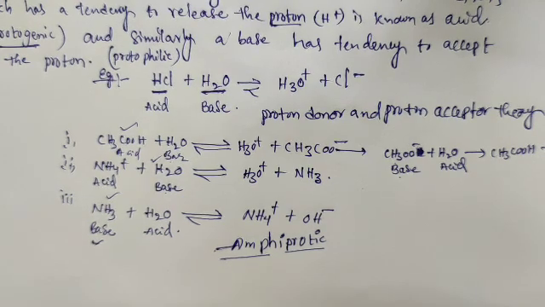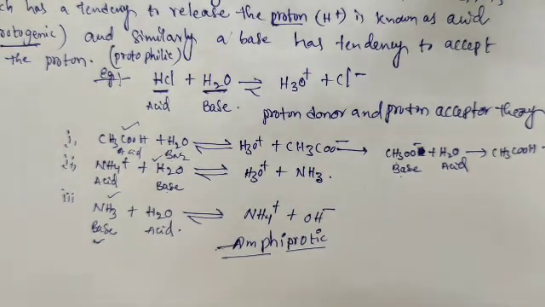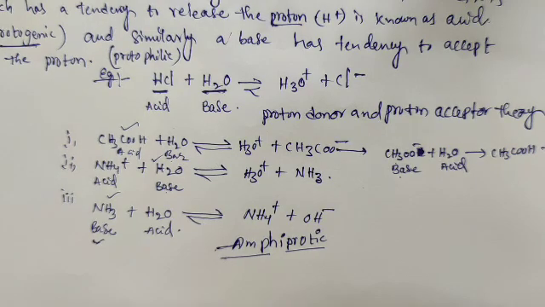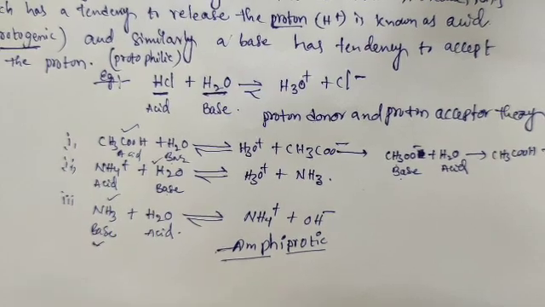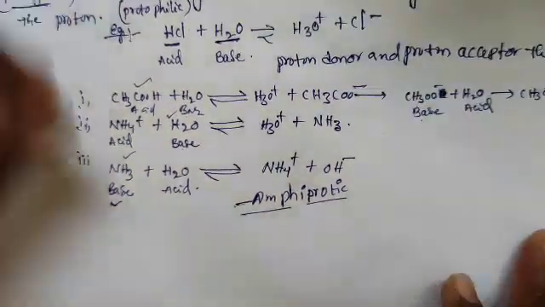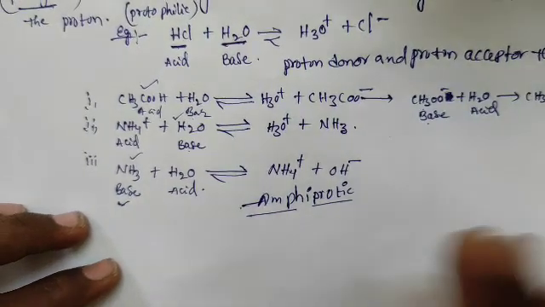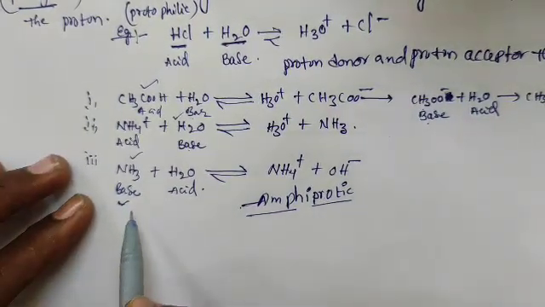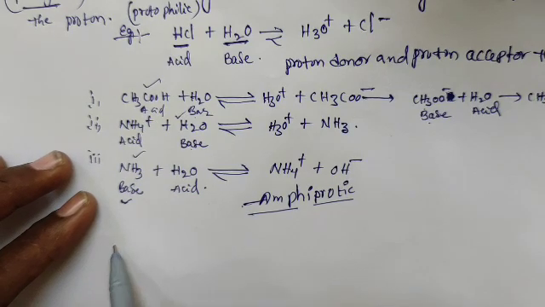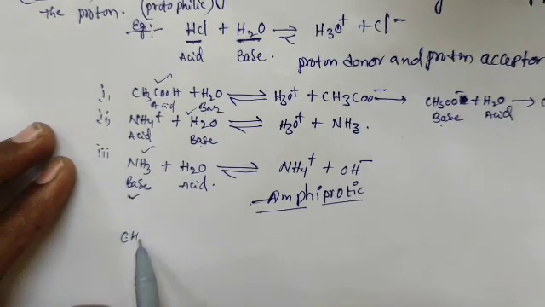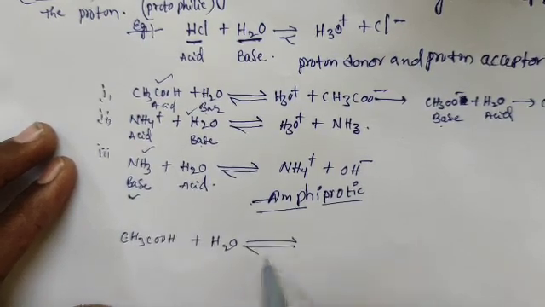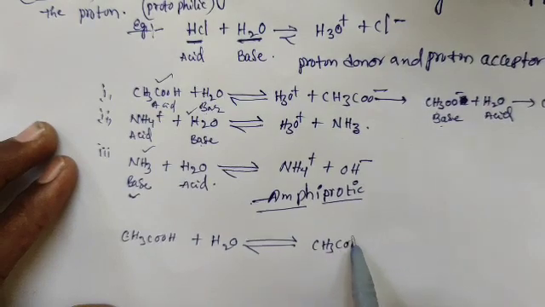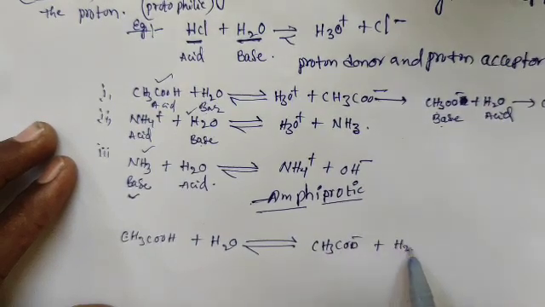Moreover, according to this theory, an acid on losing a proton becomes a base called conjugate base. Take one example: CH3COOH plus H2O gives CH3COO minus plus H3O plus.